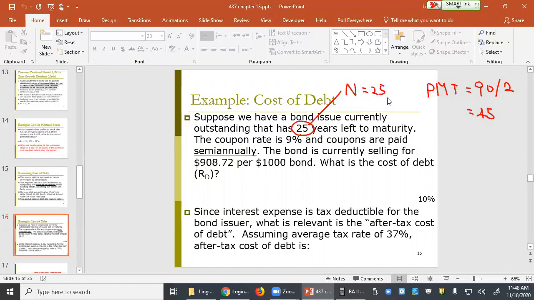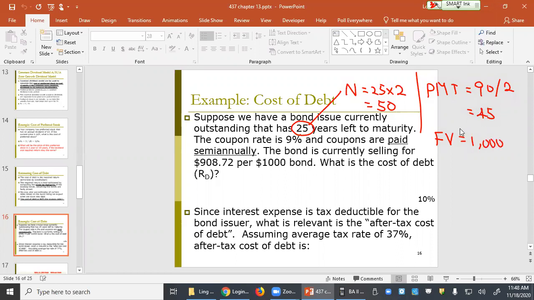Then N is 25 years times 2 coupon payments per year, so you will get $45 coupon payments 50 times. So 50 coupon payments at $45 each until the bond matures 25 years from now. And after receiving all the coupon payments, that $1,000 par value that you lent to the issuer will be returned back to you.